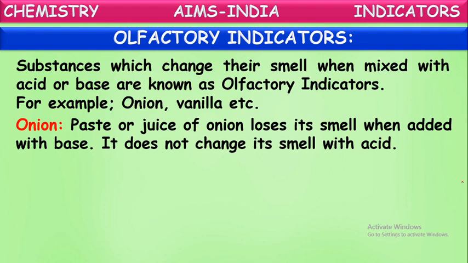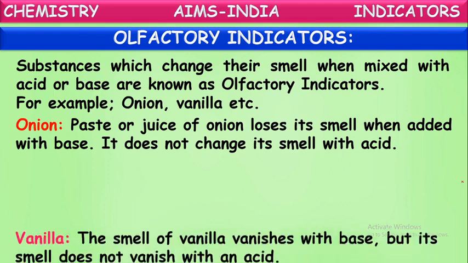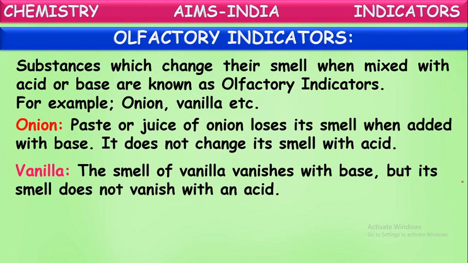So here, what is happening? The smell is being changed. So the bases are detected by using the smell of onions. Such kinds of indicators are called olfactory indicators. One more, vanilla essence. The smell of vanilla vanishes with bases, but the smell does not vanish with an acid.